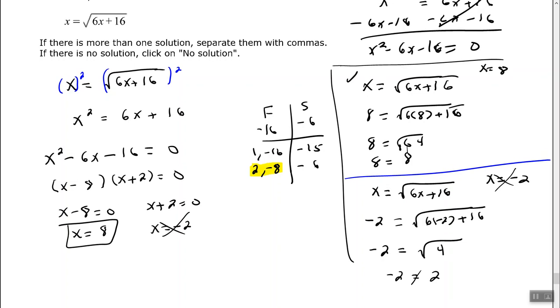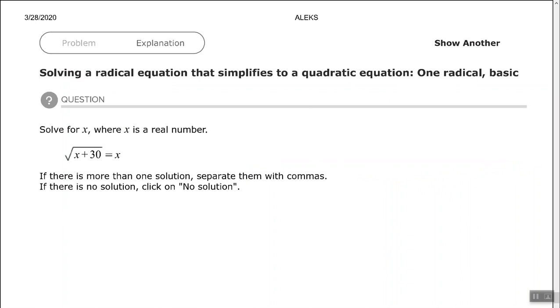Let's try another one. Here we have the square root of x plus 30 equals x, and the radical is already isolated. I want to square both sides, and I'm going to flip everything around, since I'm squaring both sides and I want my x squared on the left-hand side. It really doesn't matter.